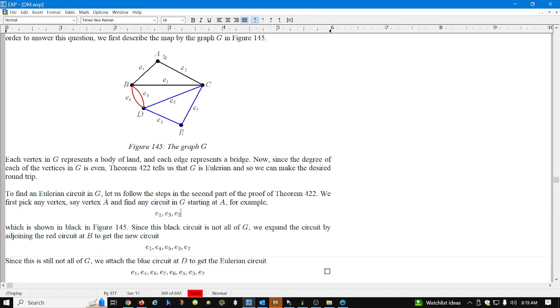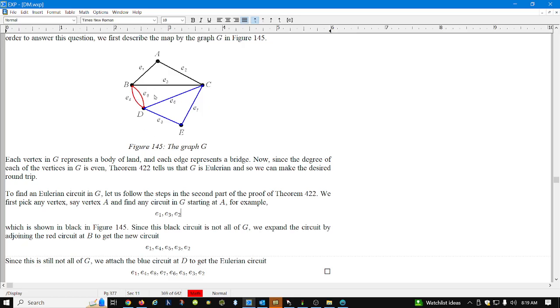That attaches the red circuit to the black circuit. So we now have the black and red together, and that is a circuit. It's not a cycle because vertex B is used more than once. But it is a circuit, and we're headed towards an Eulerian circuit.